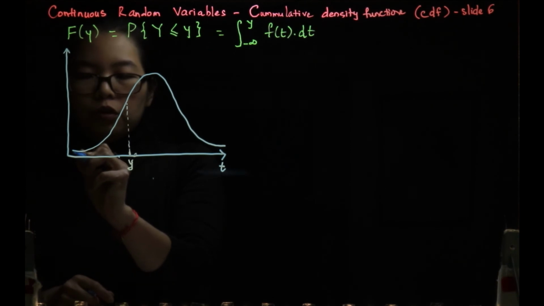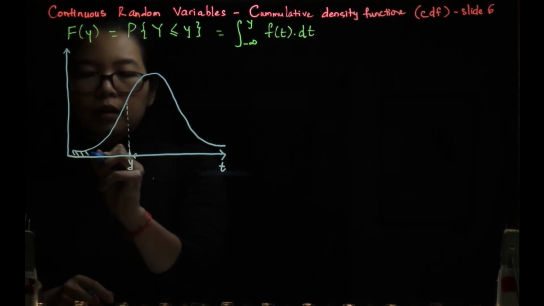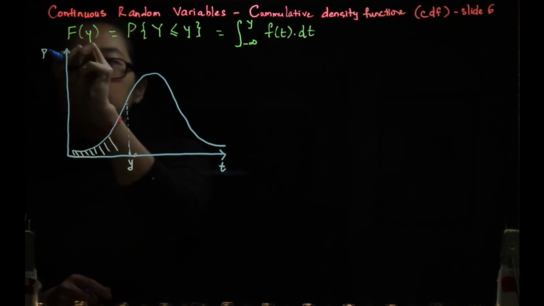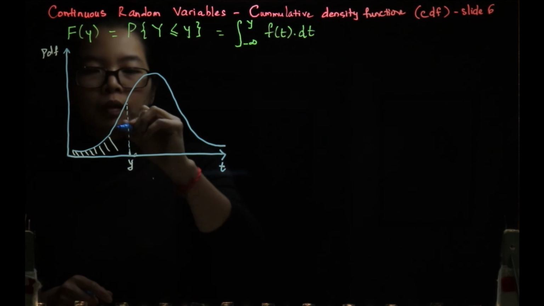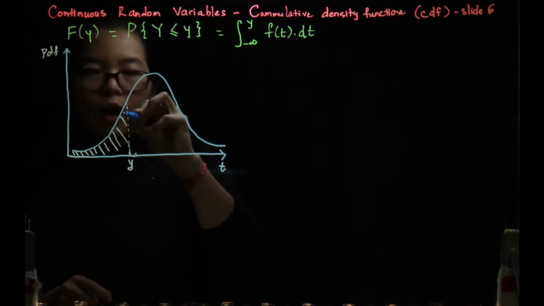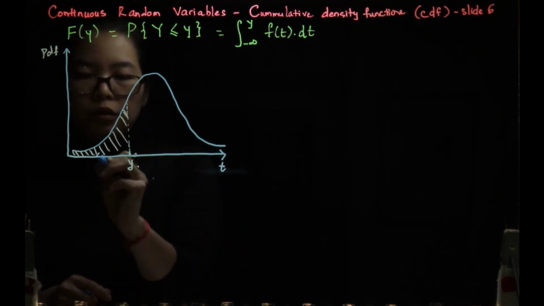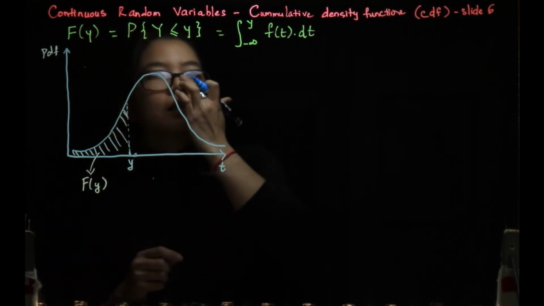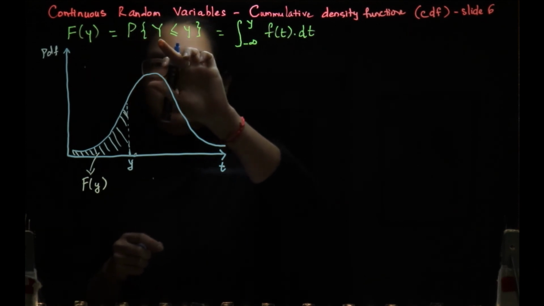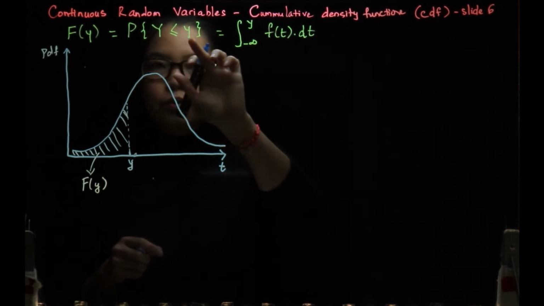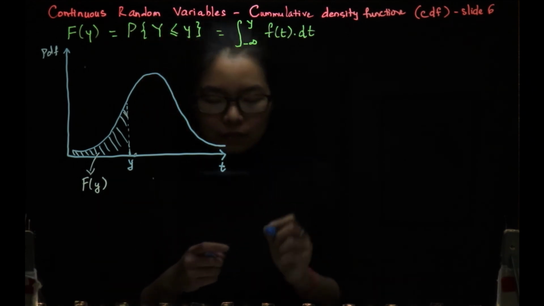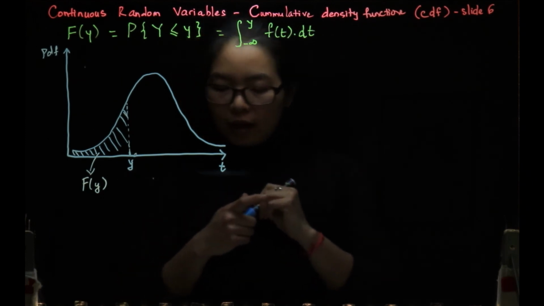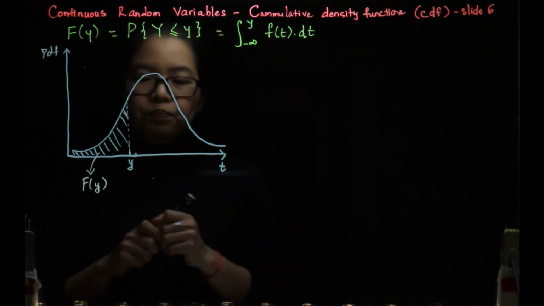And if you integrate to calculate the area below that, sorry, this should be the PDF, up to the point y, then you have F(y), which is the probability that the random variable takes a value smaller or equal to y. So that's the idea of the cumulative distribution function.